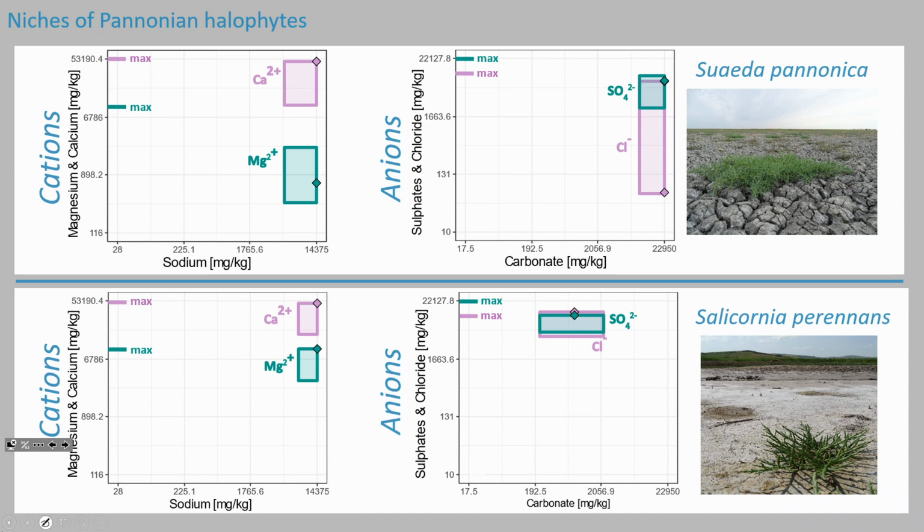And now we see it is because Salicornia avoids growing in carbonate-rich soils, although it can still deal with medium shares of carbonate, but it really tends to grow in soil with a high amount of chlorides. And if we go through the whole data set, we see continuously those different niches coming up.